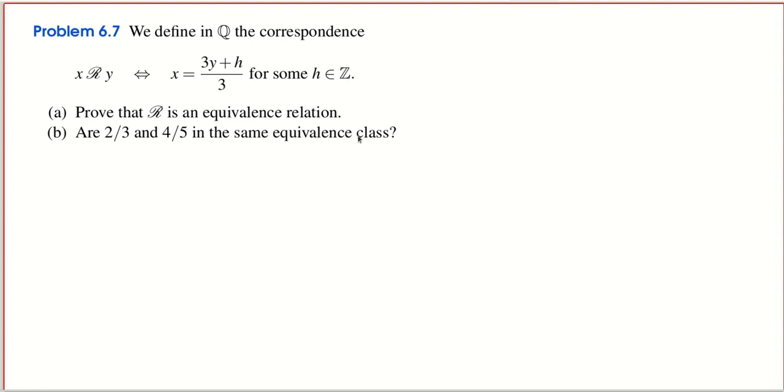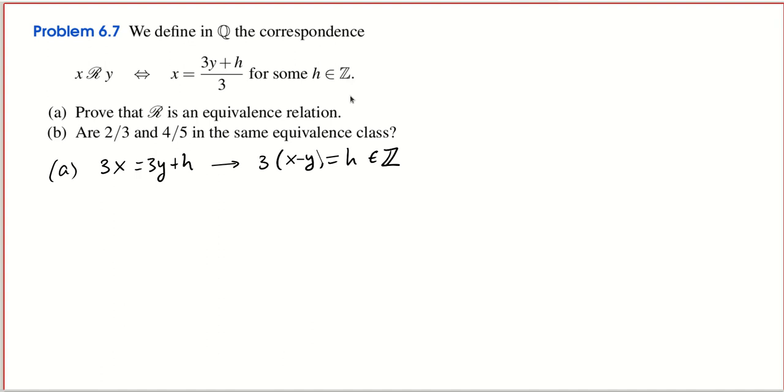First of all, we're going to rewrite this equation a little bit, just to make it more clear. So we're multiplying this by 3 and subtracting this. If we do that, we have 3x equal to 3y plus h, and that is 3 times (x minus y) equal to h, and h is supposed to be some integer.